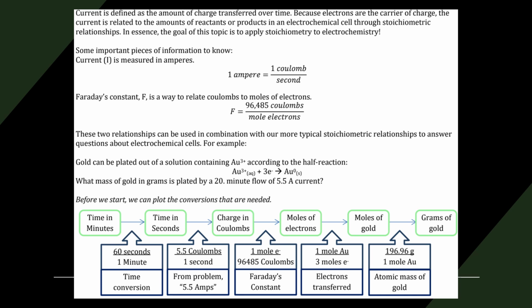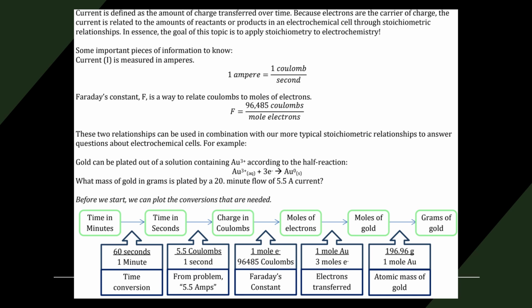So it's kind of crazy that we're implementing some physics into our AP Chem class. Before we start, you need to know what you need to use. Because we have coulombs and amperes, an ampere is coulomb per second.